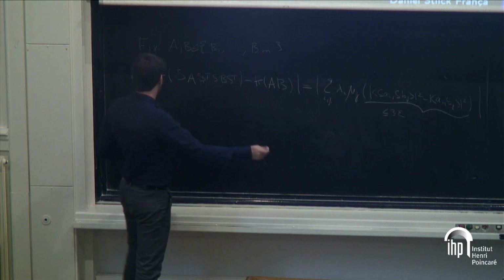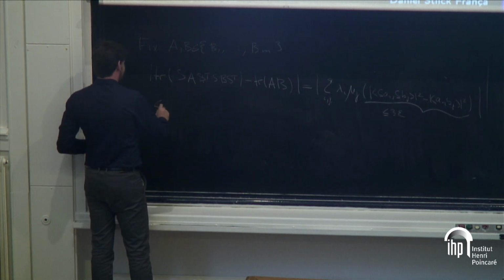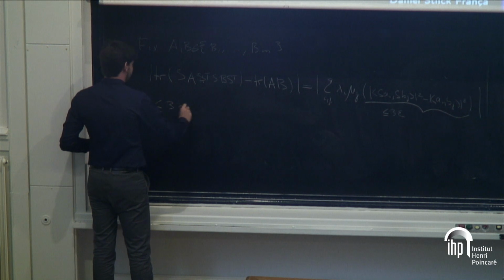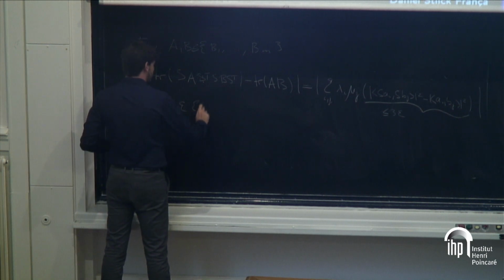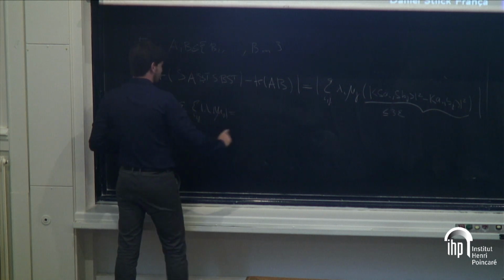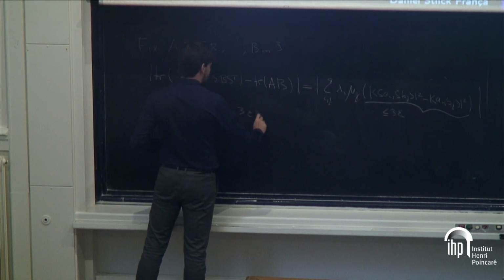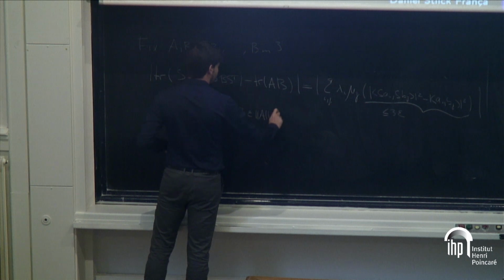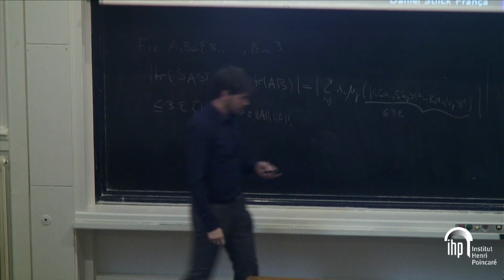And then if you use the triangle inequality, you get that the term up there is smaller or equal 3 epsilon times the sum of lambda_i mu_j, which is just 3 epsilon times the trace norm of A times the trace norm of B.